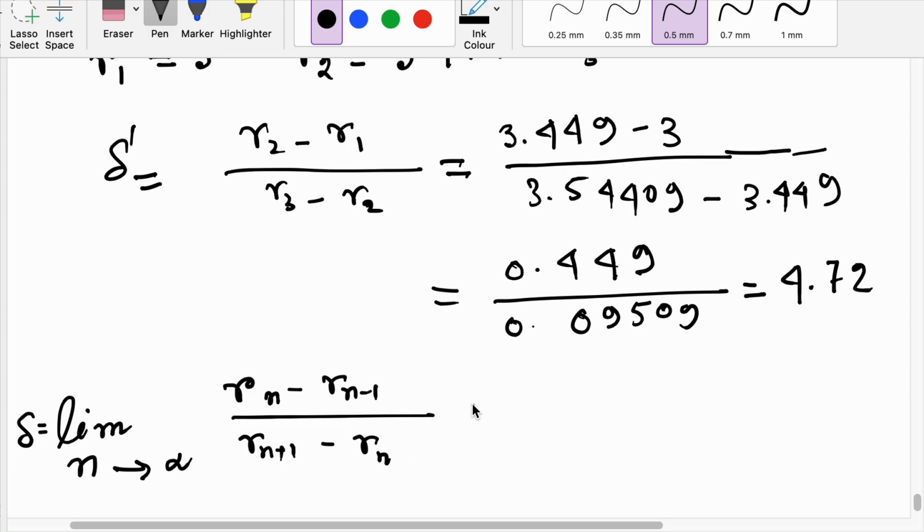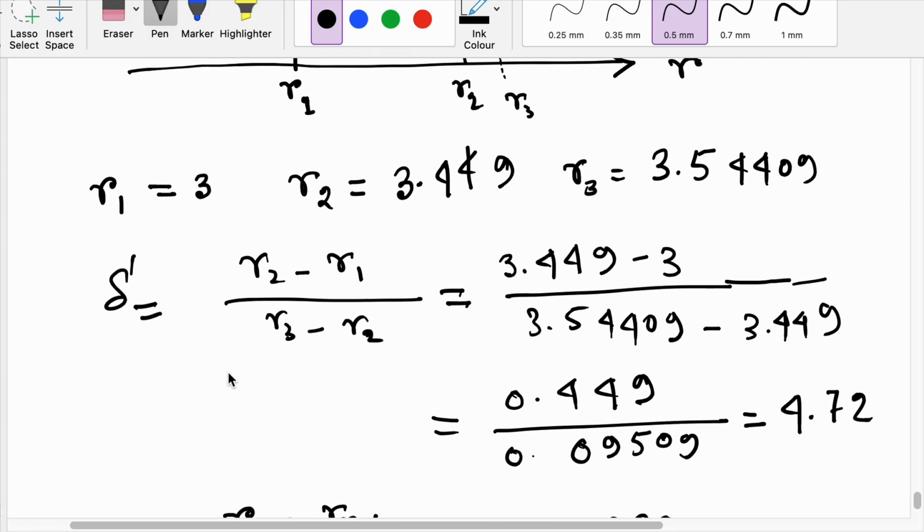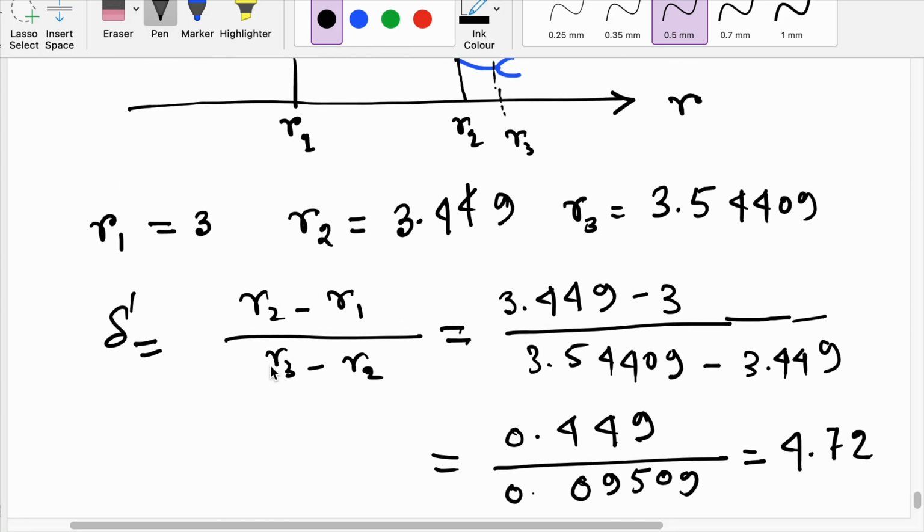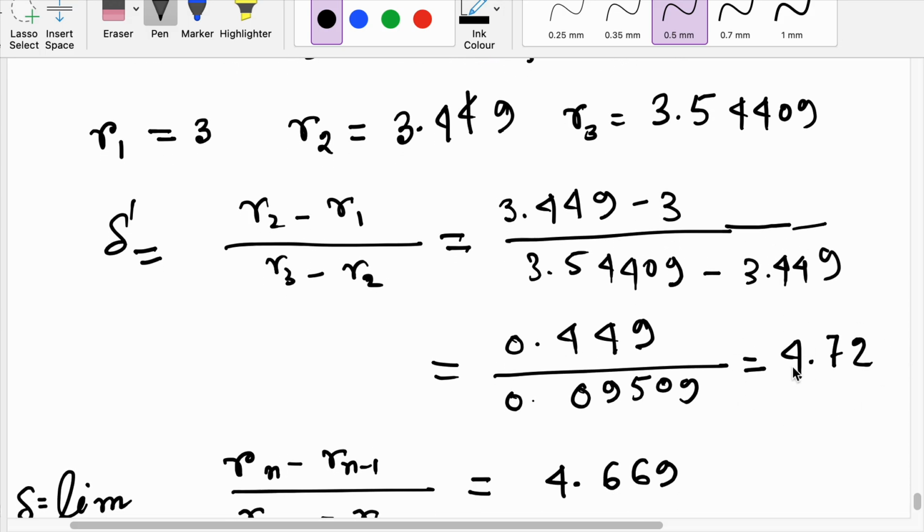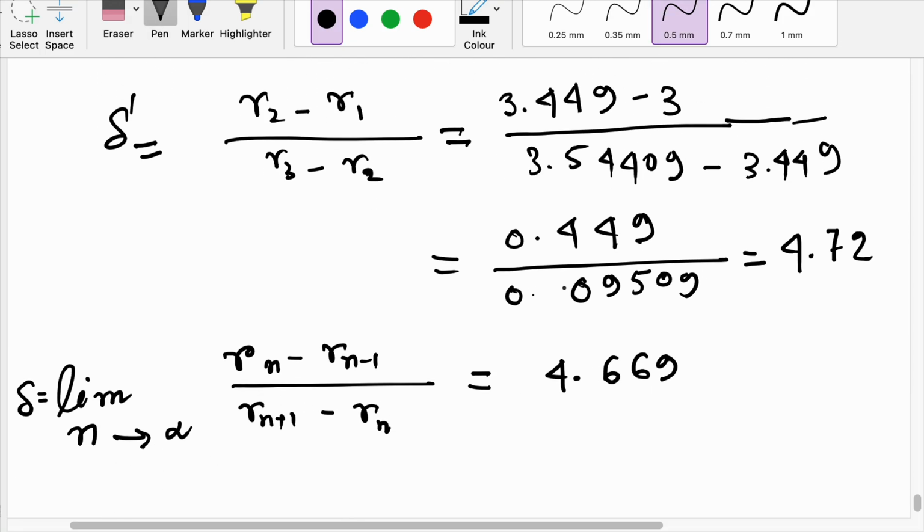You will find that the value is exactly 4.669, and from the first ratio, the value we actually get is 4.72, which is very close to this ratio when n goes to infinity. This is not a rational number. It will continue; however much your precision is will decide how much of this number you get to know.